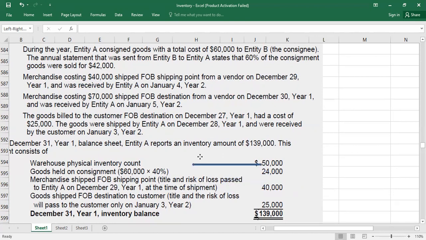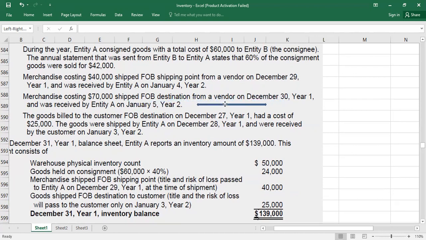Okay. So now we are going to apply the third concept. They're telling you we have merchandise costing $70,000 shipped FOB destination. If you recall the concept I told you, if goods have reached the destination before year end, the buyer will add this inventory. If it has not reached the destination, the seller will add. So let's check the date of destination. Merchandise costing $70,000 shipped FOB destination from a vendor on December 31st.